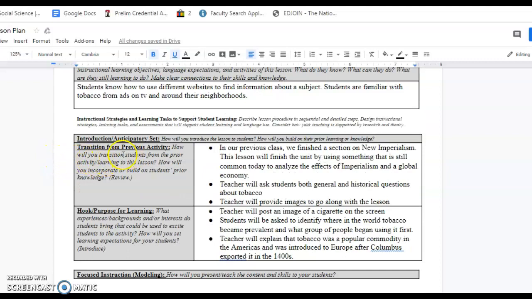The transition from the previous activity is going to be, we decided to say that we had a previous lesson on imperialism and the global economy.